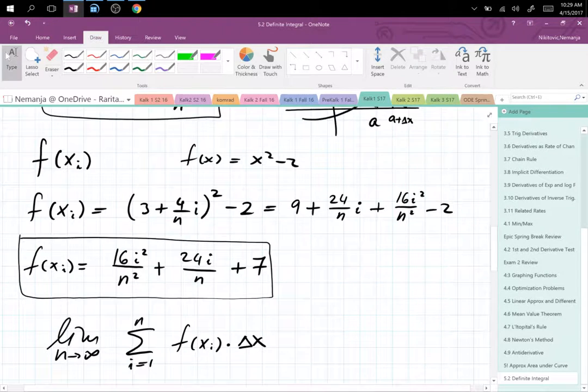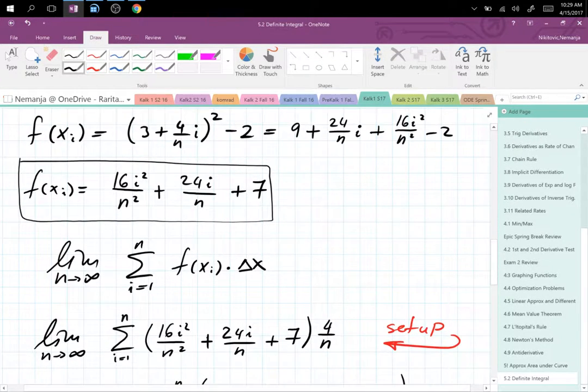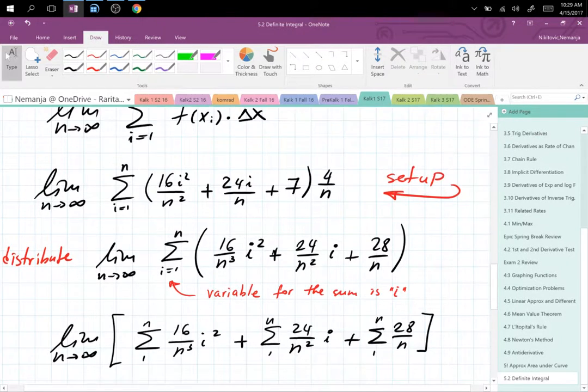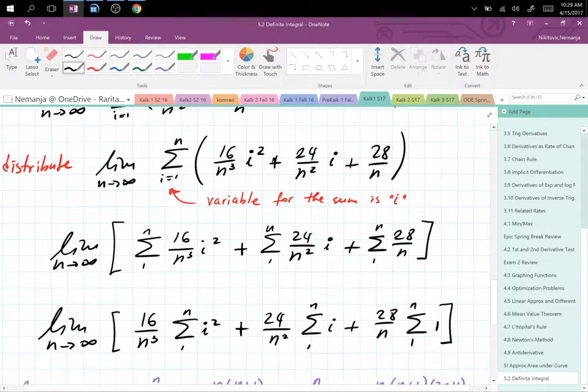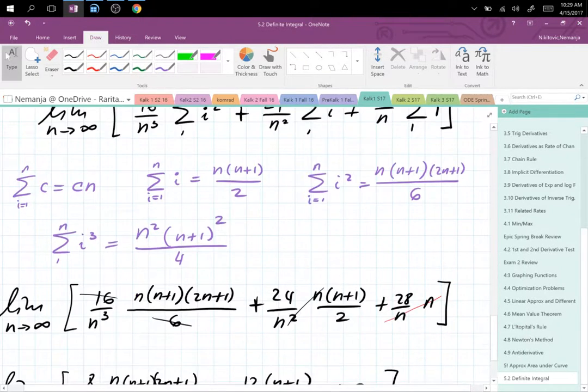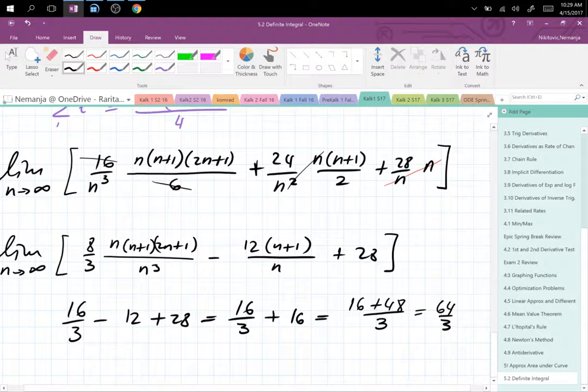That's a plus. And we'll just propagate down. Plus, plus, plus, plus. So 12 and 28 is 40.